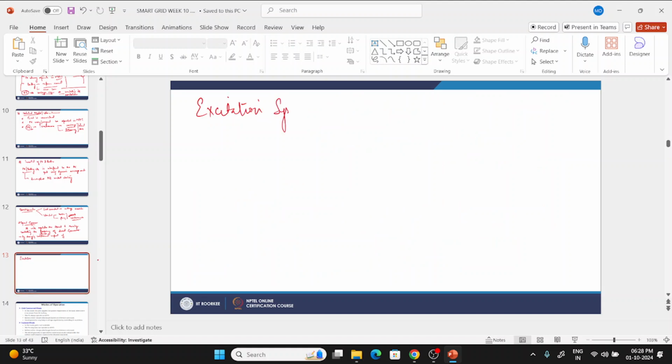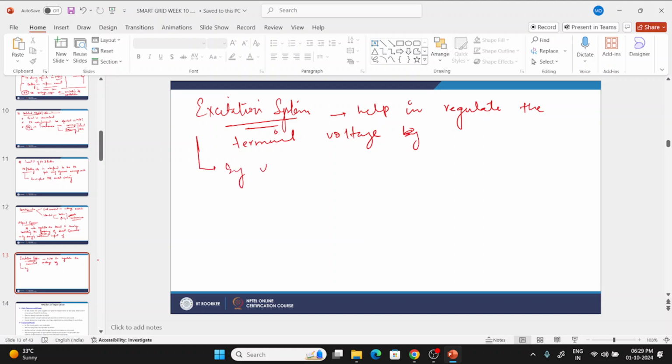Now, controlling the excitation system will help in regulating the terminal voltage. And how are we going to control the excitation? By varying the field current. As we know, there are three types of excitation.